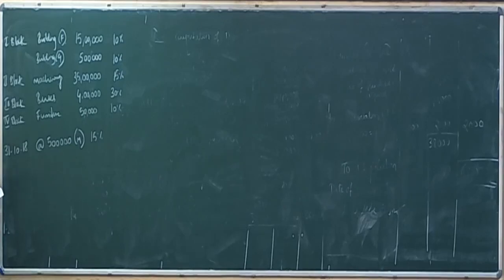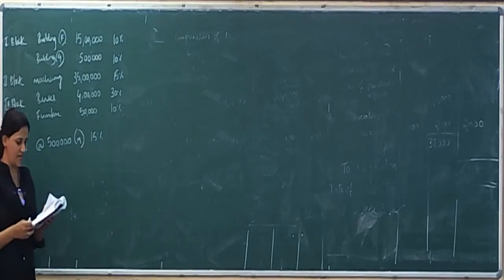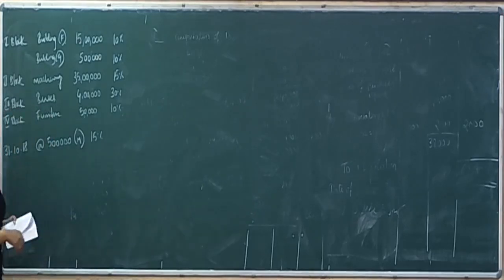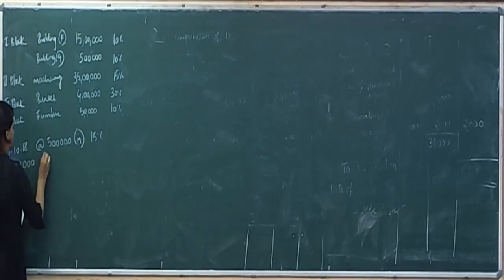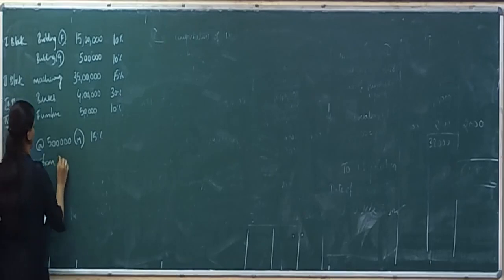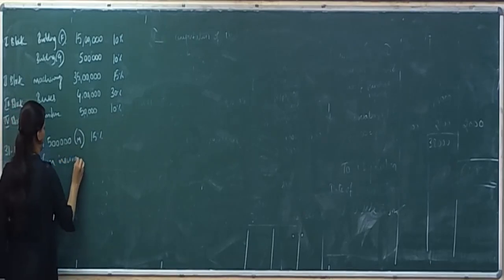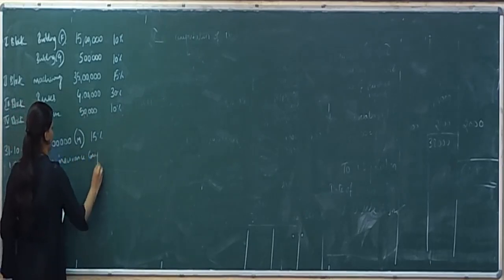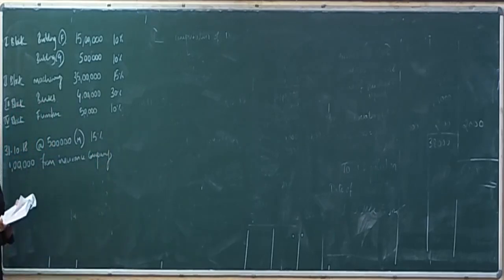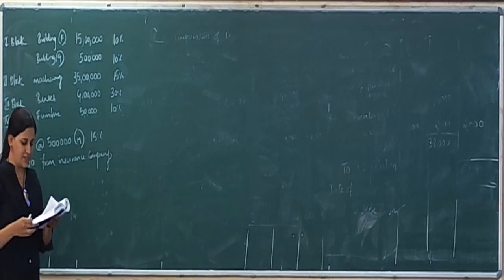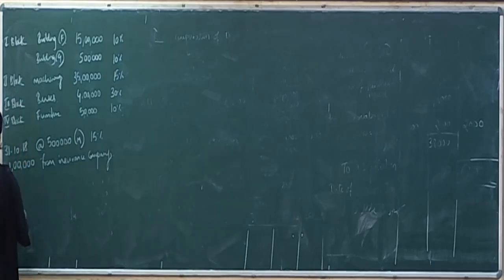Next, godown building whose written down value was 1,15,000 was completely destroyed on 1 September 2018, and 1 lakh was received from insurance company.